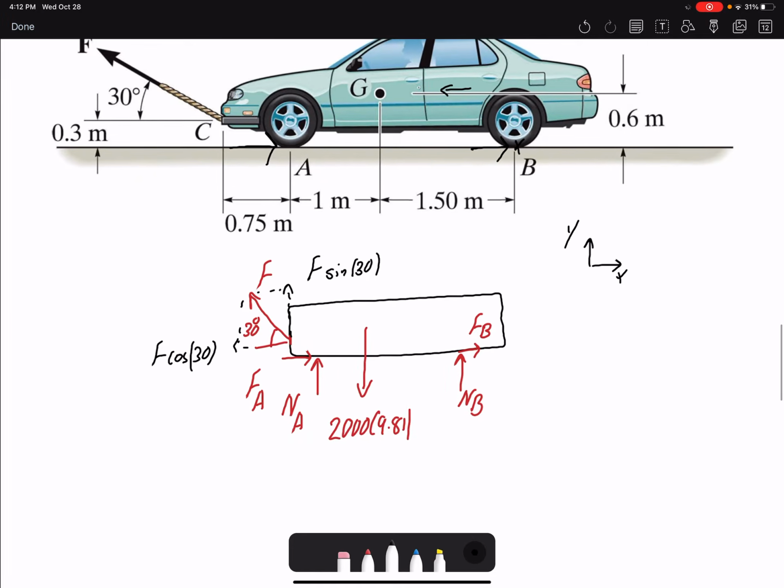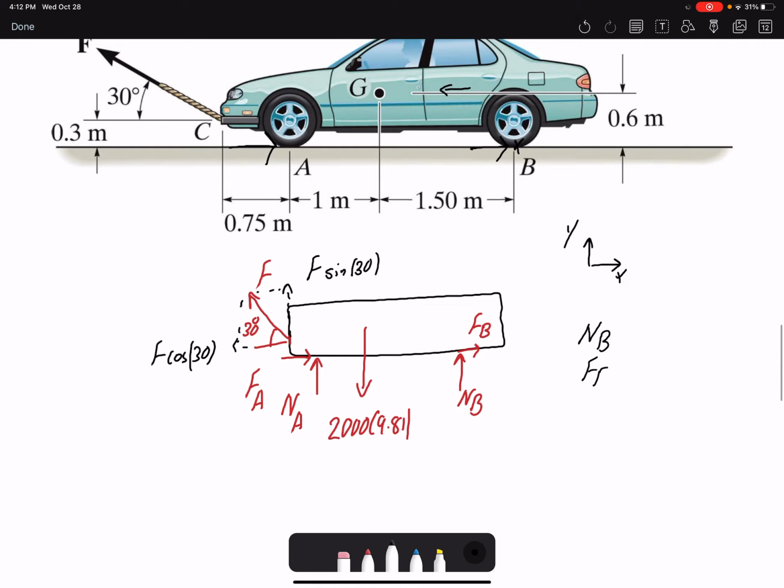So if we list our unknowns, we'll see we have NB, FB, NA, FA, and the towing force F. So I have 5 unknowns, and in 2D equilibrium, I have 3 equilibrium equations. So I need 2 more equations, and I get those equations by relating FB and NB.